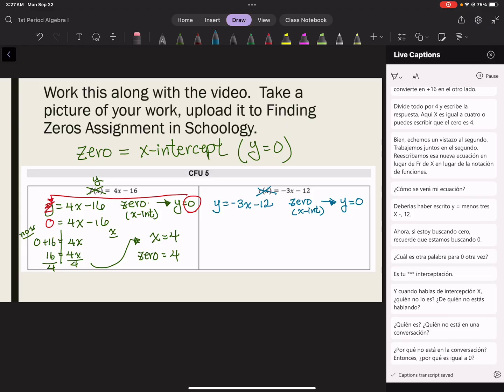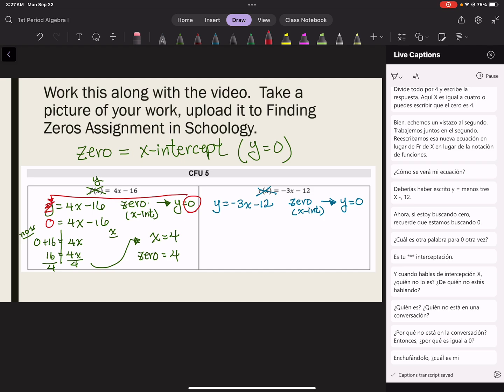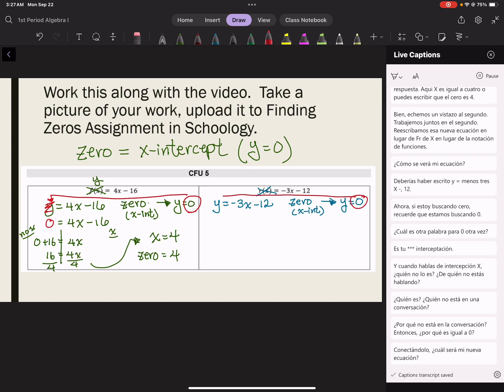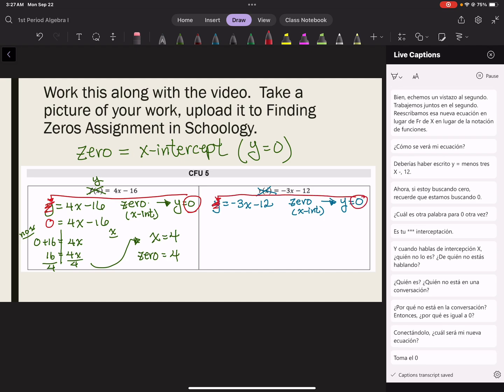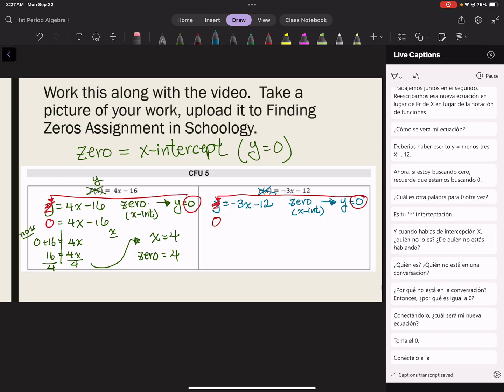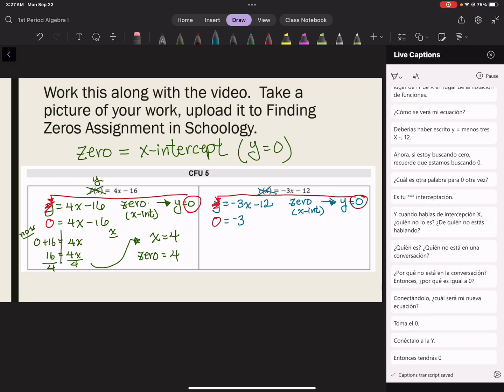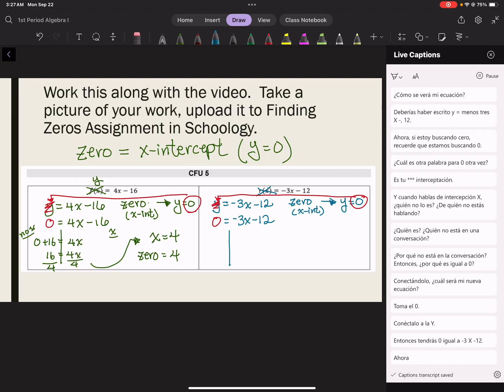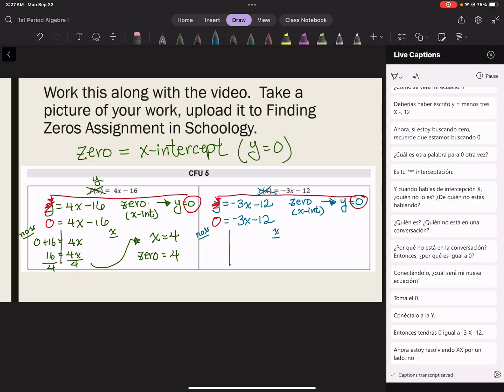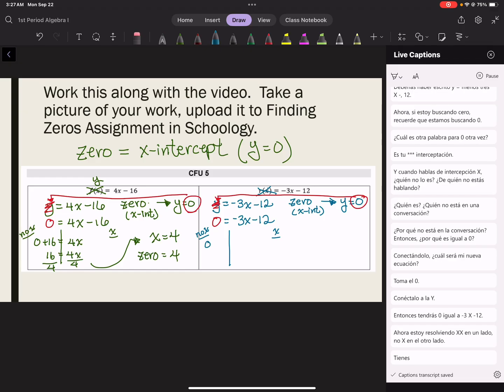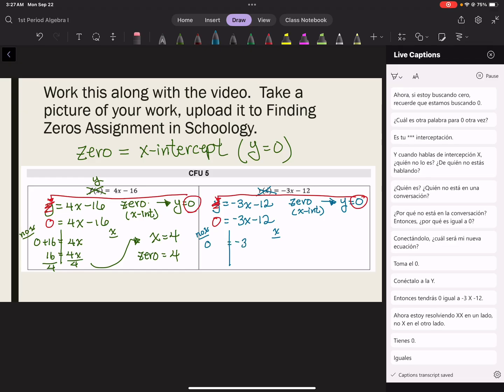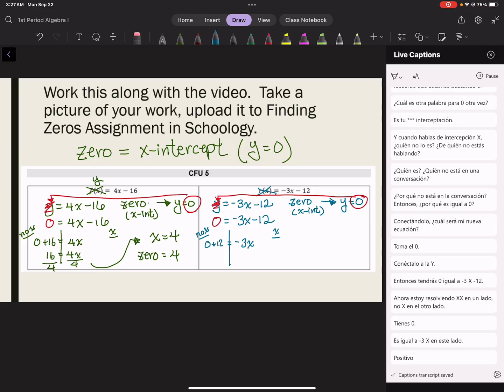Plugging it in, what's my new equation going to be? Take the 0, plug it into the y. So you would have 0 equals negative 3x minus 12. Now I'm solving for x. X on one side, no x on the other side. You have 0 equals negative 3x on this side, positive 12 on the other side when I move it across.